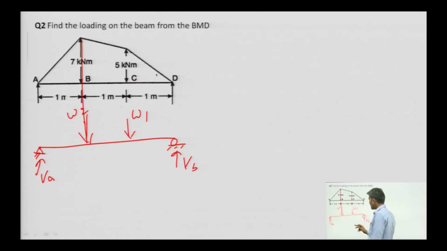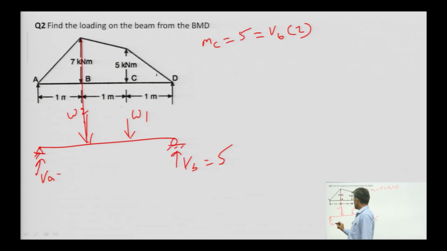So, we need to find these 4 values. What will be the value of VB? Since the bending moment at point C is 5, it is VB into 1. So, the value of VB is 5.